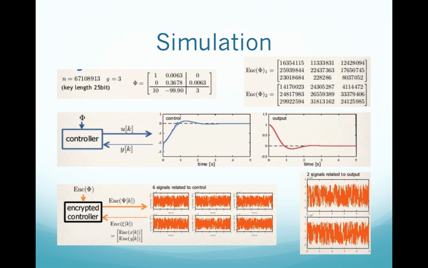That one's a little bit scrambled in comparison with the output response. I just want to note that the RSA encryption that was done here is deterministic, so it has a steady state.